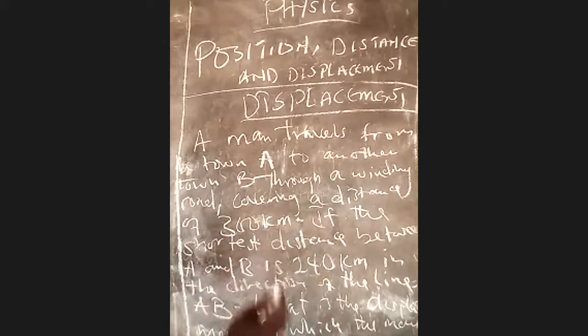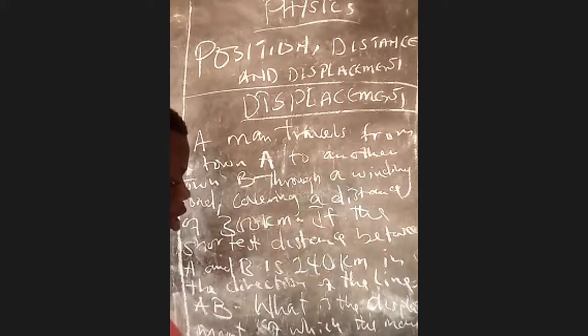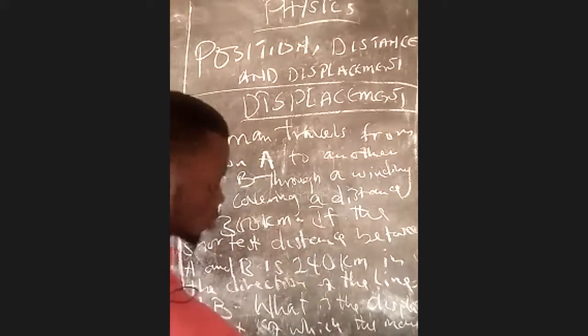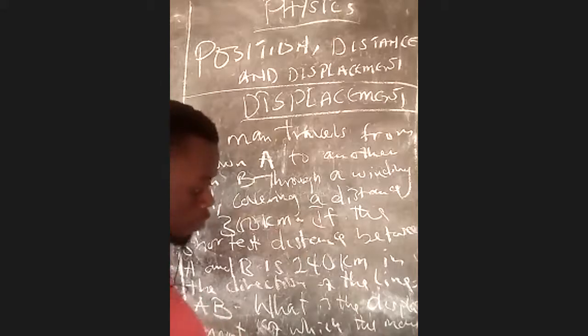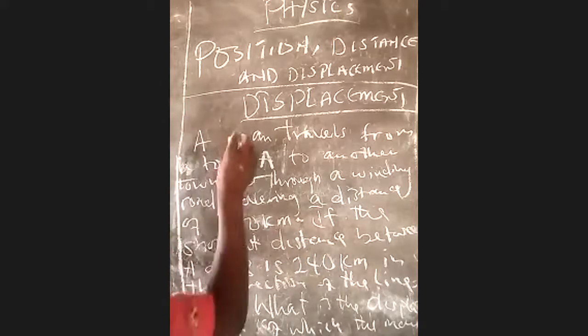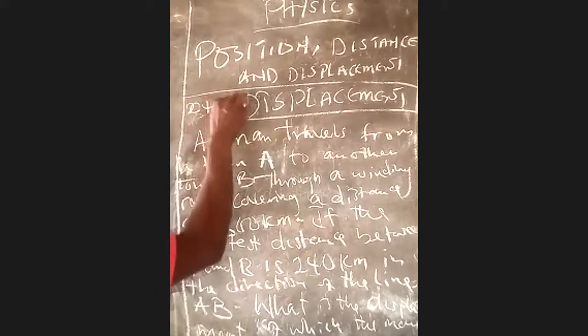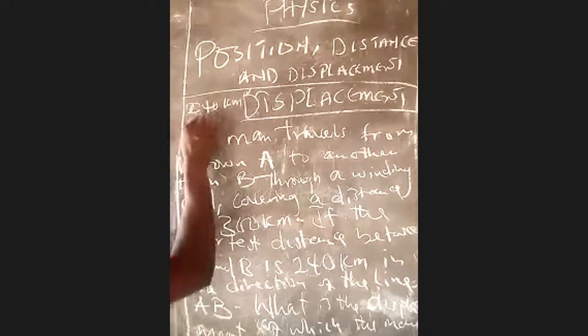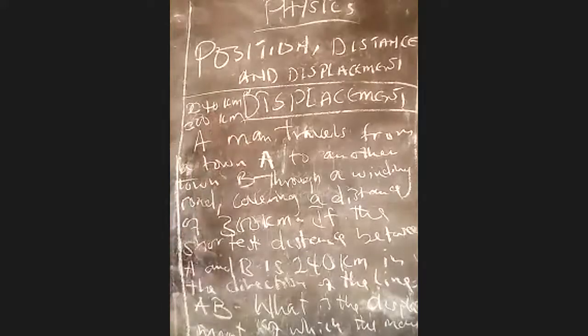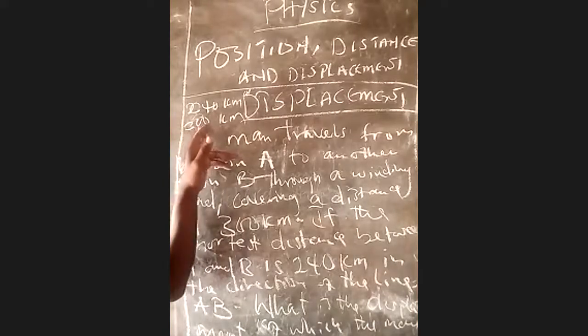The displacement of the body will be 240 kilometers or 300 kilometers. That will be the displacement. It depends on the direction by which the man travels. If the man travels in the windy direction, the displacement of the body will be 300 kilometers.